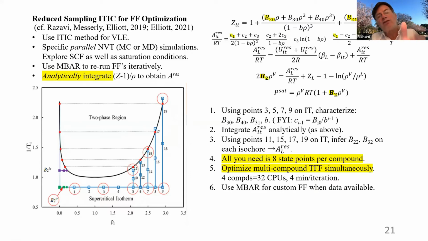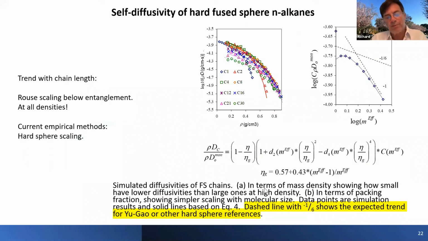If you want to have a transferable force field, you have to optimize multiple molecules simultaneously. That's the whole point of it being transferable, that it applies to multiple molecules simultaneously. So you've got to optimize that force field simultaneously. The only way to really do that is to have multiple molecules in your database that you're optimizing all at once. This approach is going to make that much more feasible.